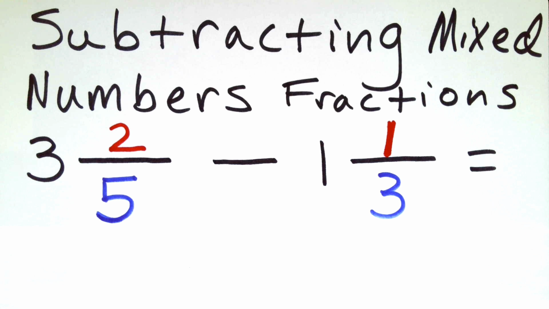We got one last subtracting mixed number fractions problem. We have 3 2/5 minus 1 1/3. So in this part 31 video, I'd like you to try to stop and pause, and answer this question on your own. Then come back, watch the video, and see how well you did.